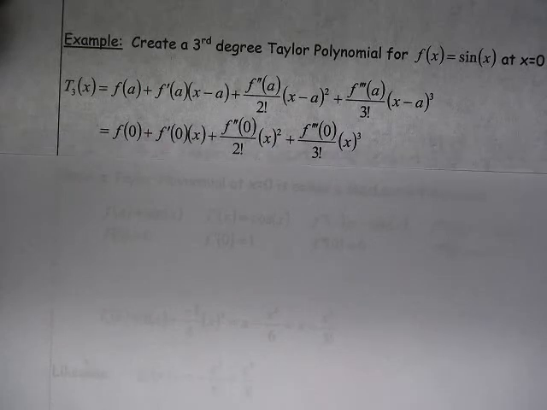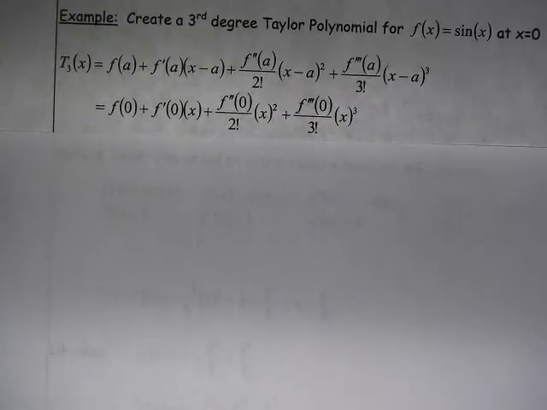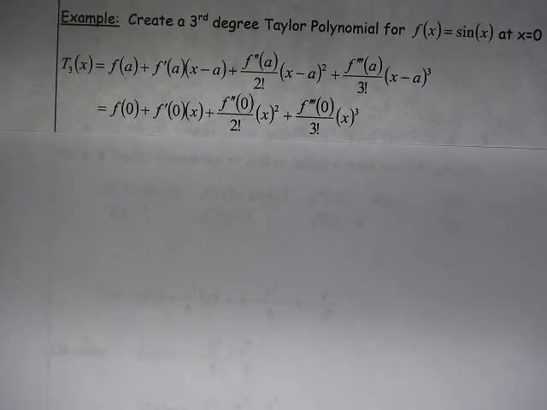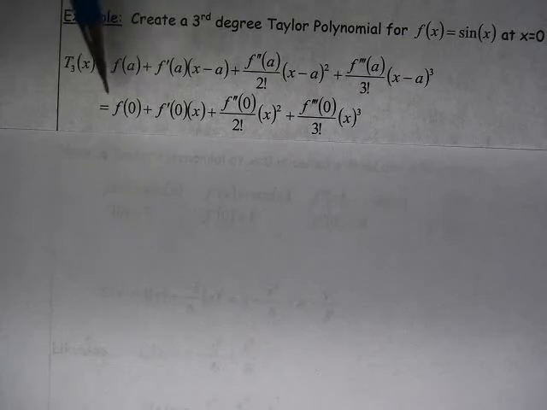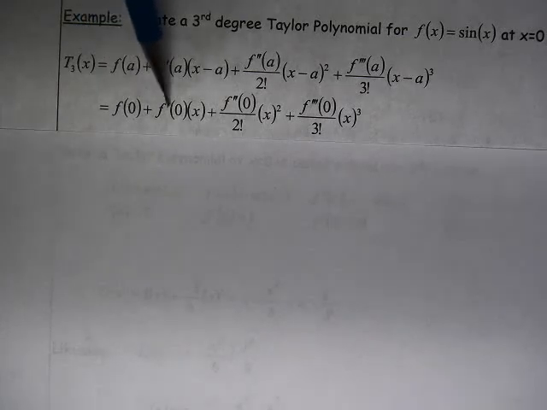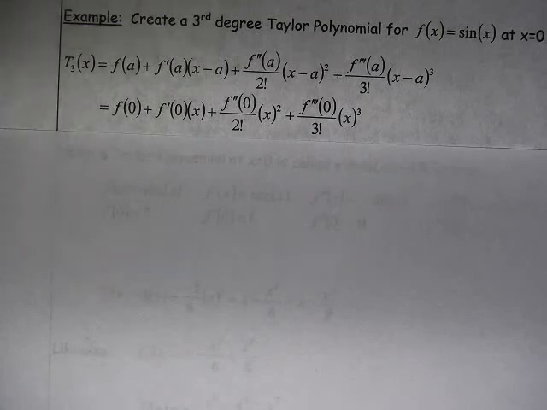Since we're doing it at a equals 0, it's going to look like this. So what we need here for the third degree Taylor polynomial is f of 0, f prime of 0, f double prime of 0, f triple prime of 0. So we need all the derivatives.